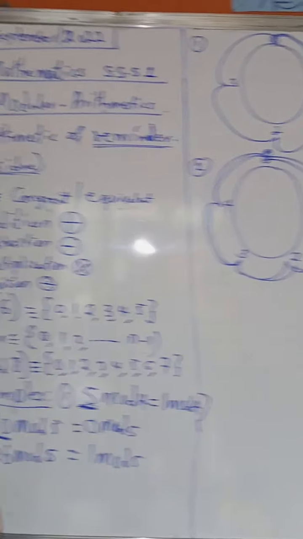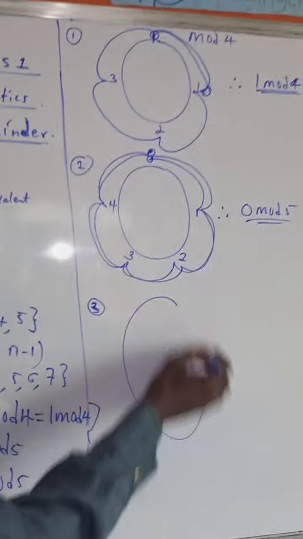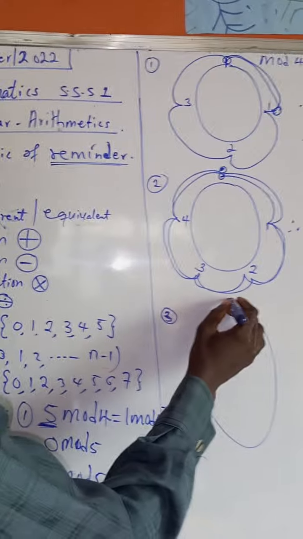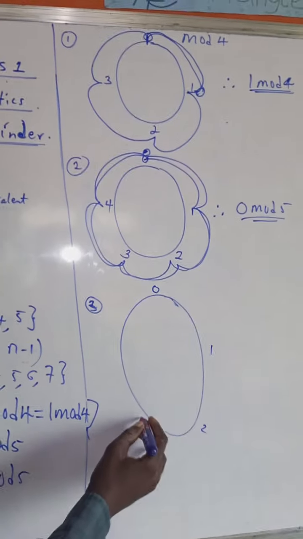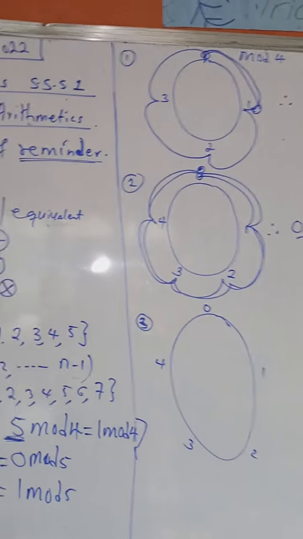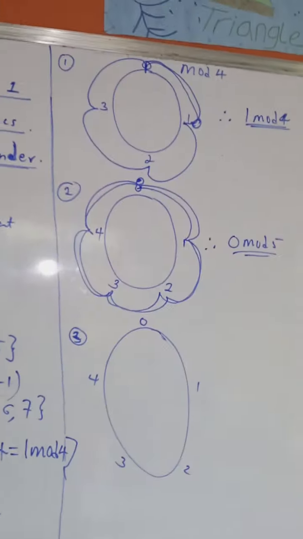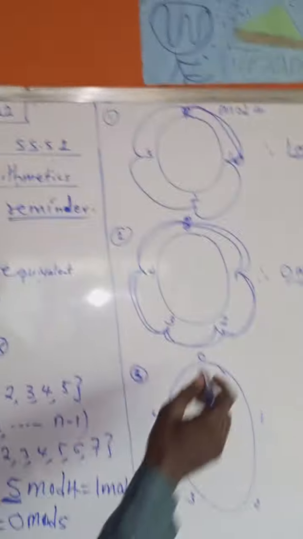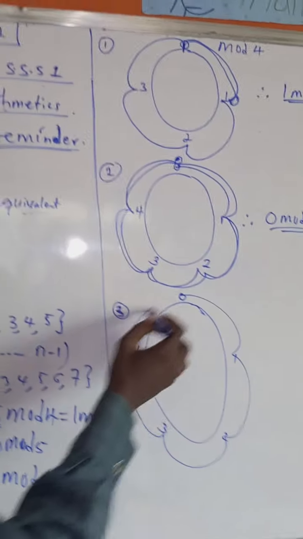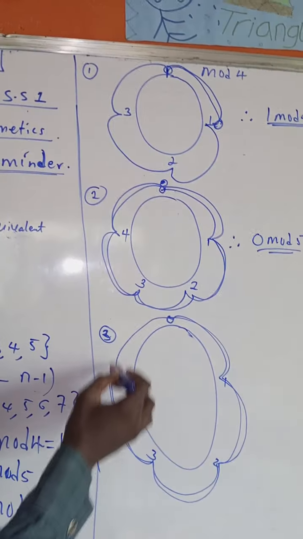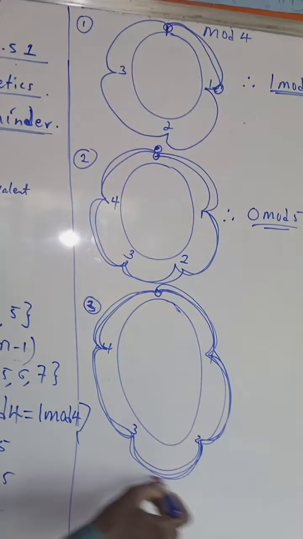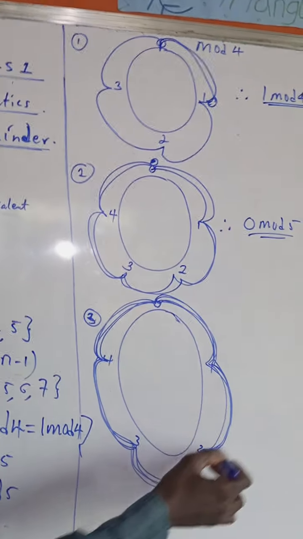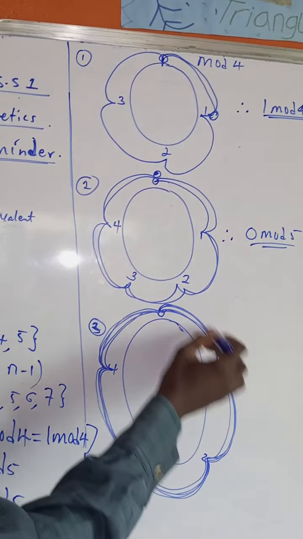It's still the same thing. And mod 5 again, for 26. So the clock is 0, 1, 2, 3, 4. I'm moving 26 times: 1, 2, 3, 4, 5, 6, 7, 8, 9, 10, 11, 12, 13, 14, 15, 16, 17, 18, 19, 20, 21, 22, 23, 24, 25, 26.